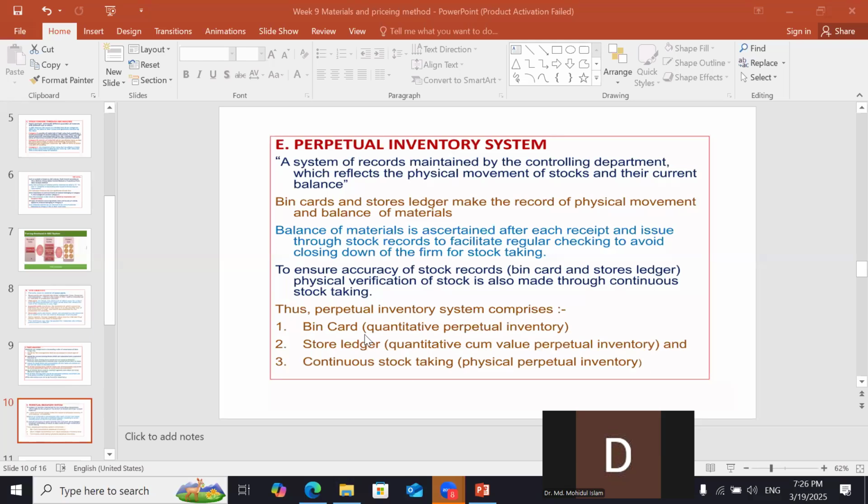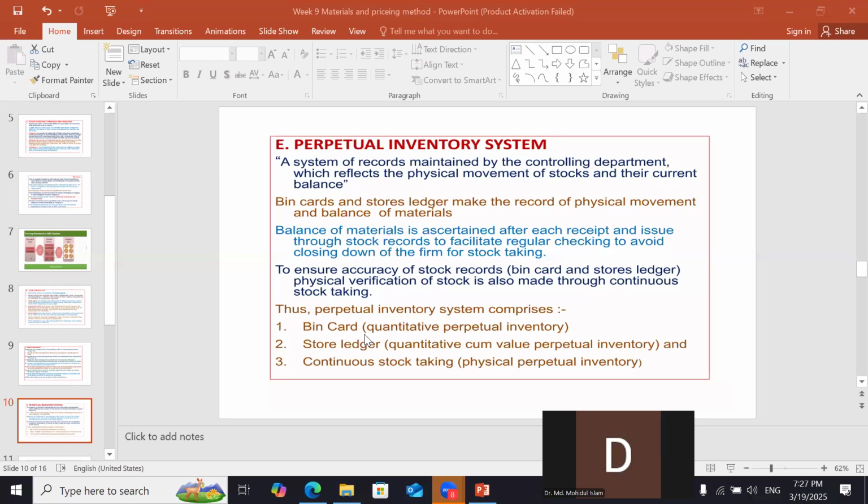Bin card means when you visit any industry, on a wall they hang a blackboard or whiteboard, and they maintain product delivery and issue by writing on a bin card record. And the store ledger stays in the store office, where they maintain a record of product in and product out.